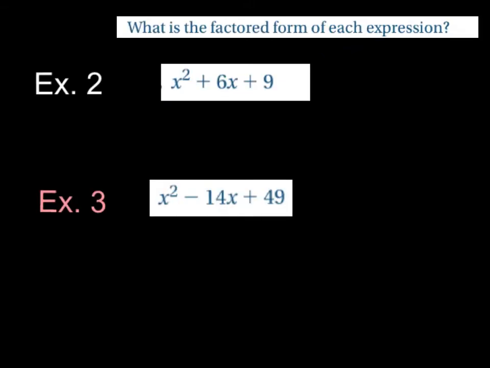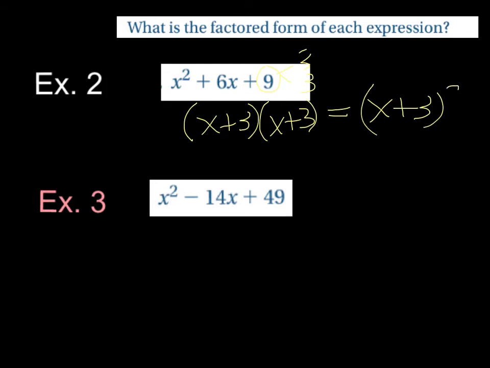How about example 2? x squared plus 6x plus 9. Well, if I happen to notice that 9 is a perfect square, or if I think of it in terms of our other factoring, 9 is 3 times 3, so I end up with x plus 3 times x plus 3, which is really x plus 3 squared. So anytime we're coming up with our two factors being identical, we want to combine them and write them as one factor that is squared.